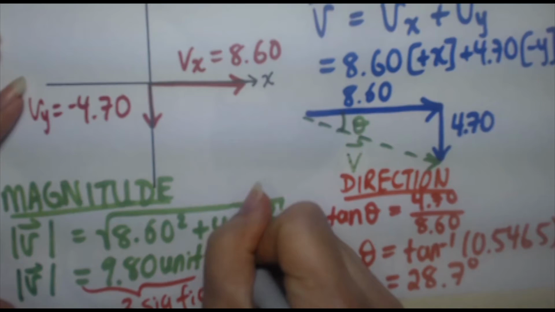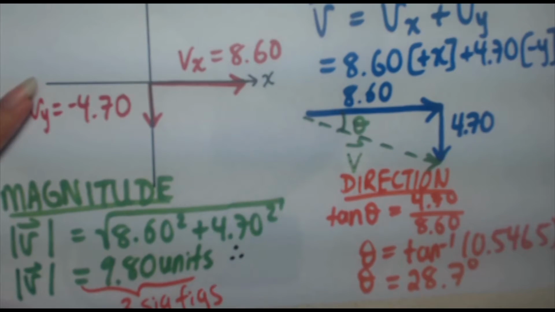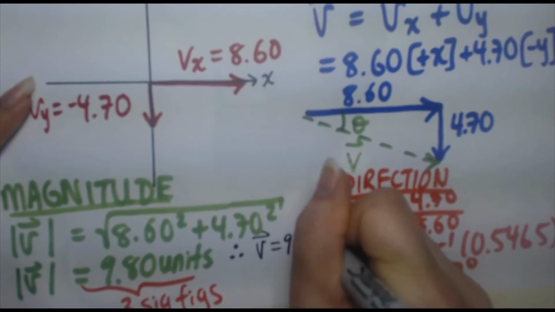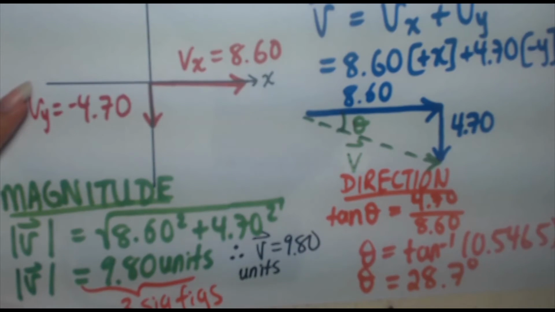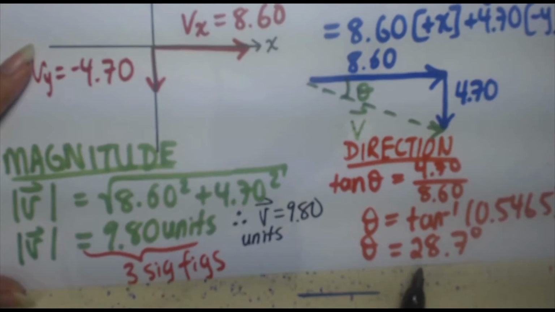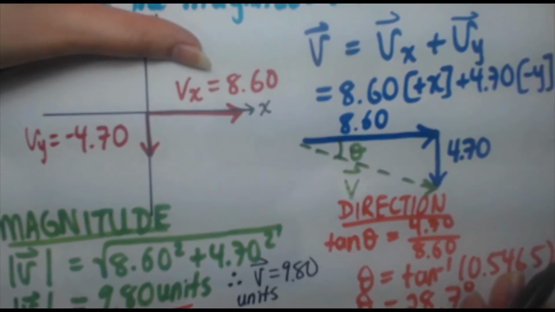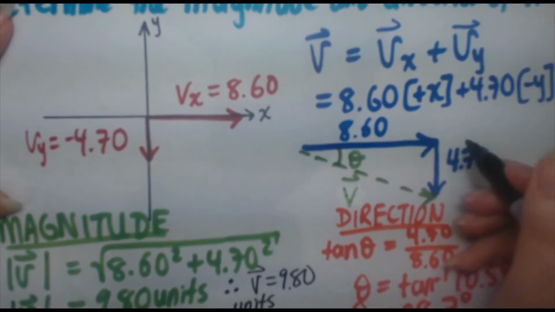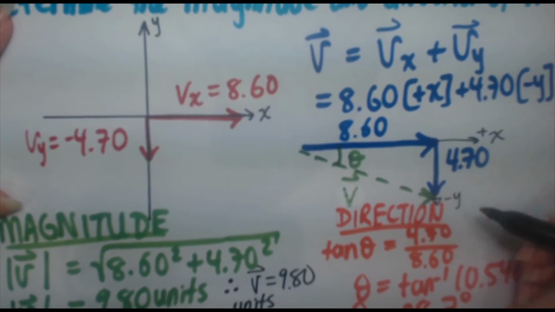So, therefore, I'm going to just squeeze in the final answer right there since it's only one more line. Therefore, the vector V is equal to 9.80 units. Now, you have to express this angle accurately, right? You cannot just say 28.7 degrees. So in order to determine that, you look at the picture. This first arrow is going towards the positive x direction. This arrow is going towards the negative y.